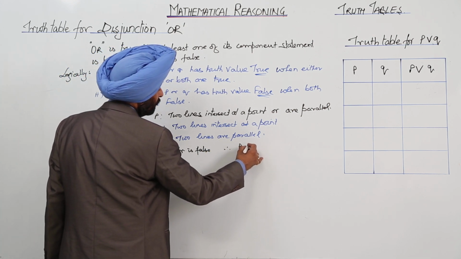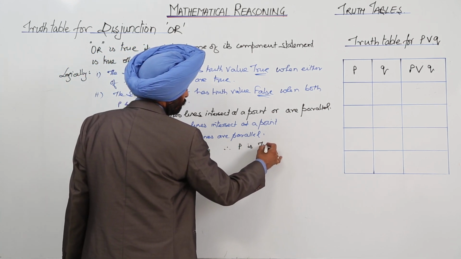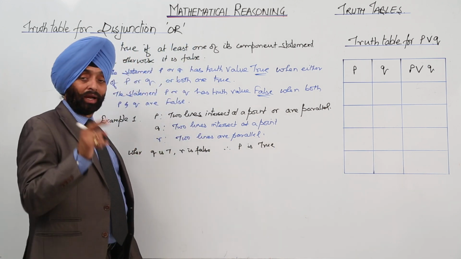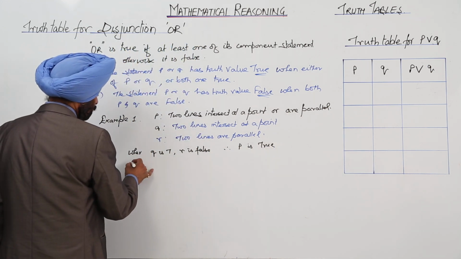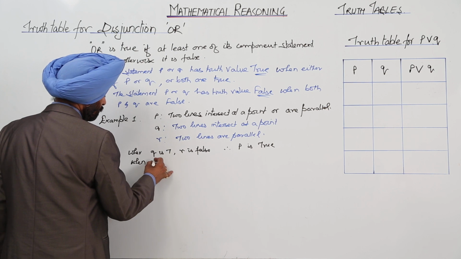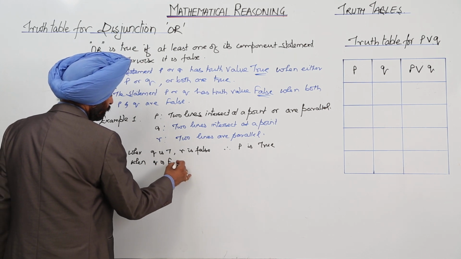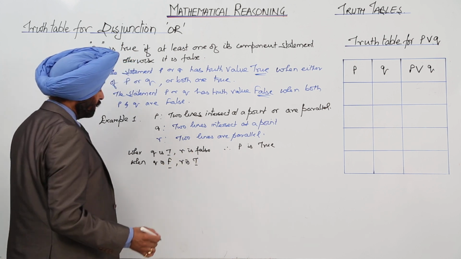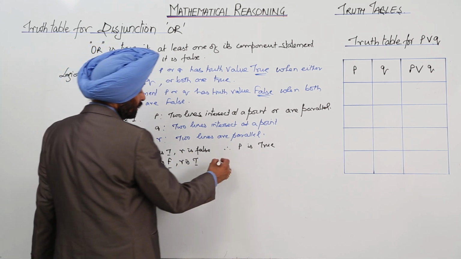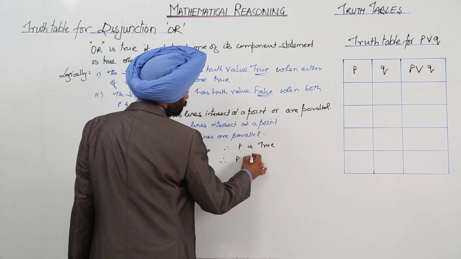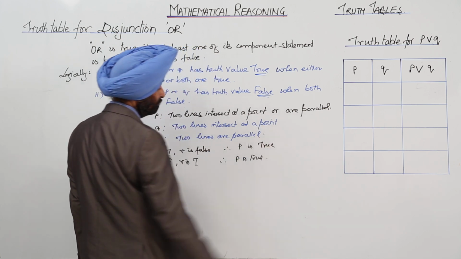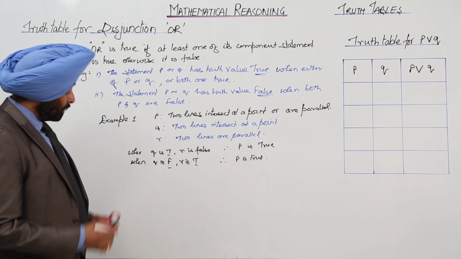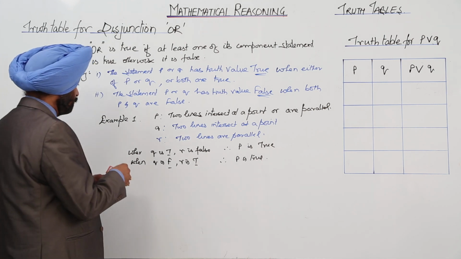Therefore compound statement P is true because at least one is true. When Q is false, R is true. Now I am just using symbols, okay. When Q is false, R is true. Therefore compound statement P is true, okay.